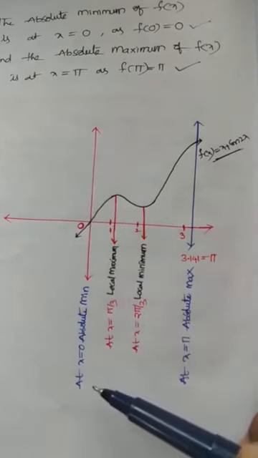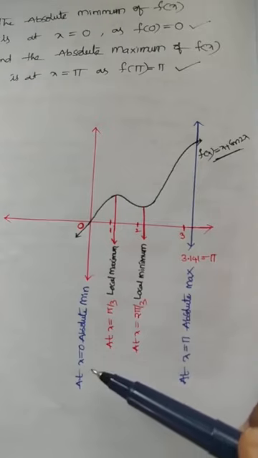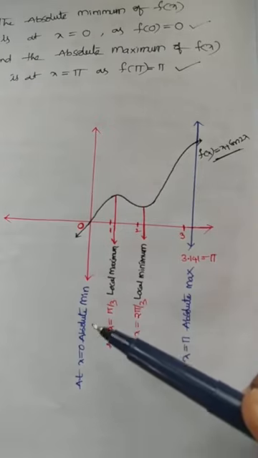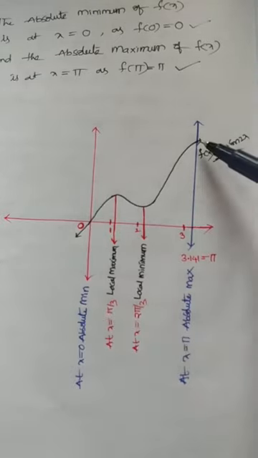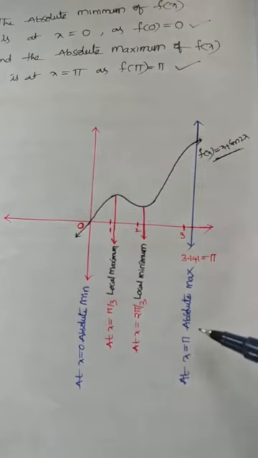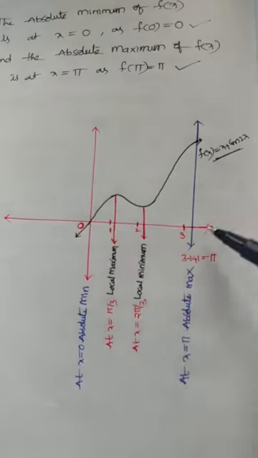So I am considering it as the absolute minimum. And now observe this, at x equals pi, it is at the highest level. So it is the absolute maximum. So at the boundary values, the absolute minimum and absolute maximum values exist.